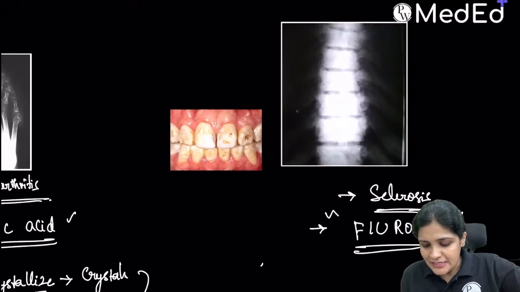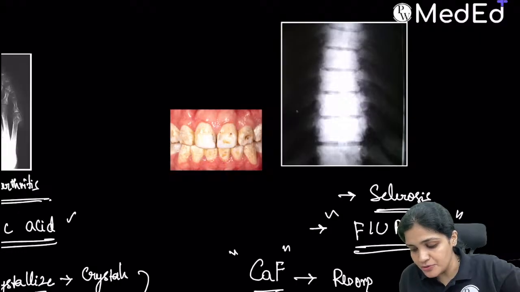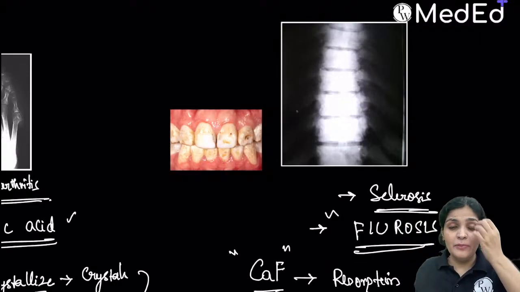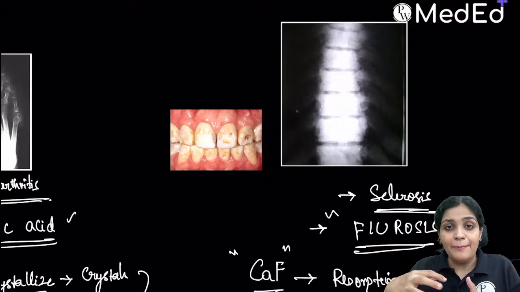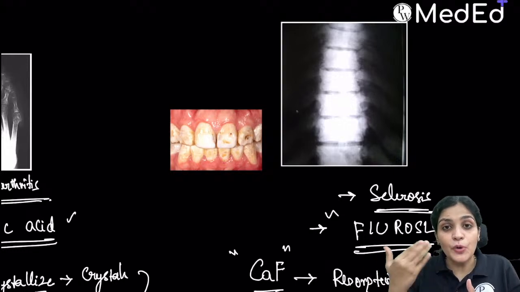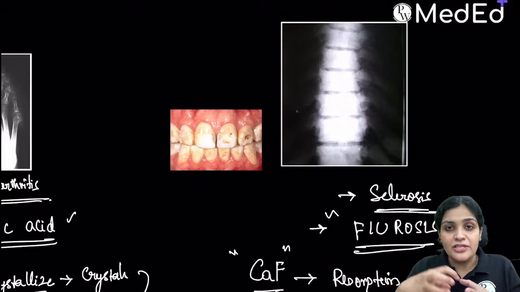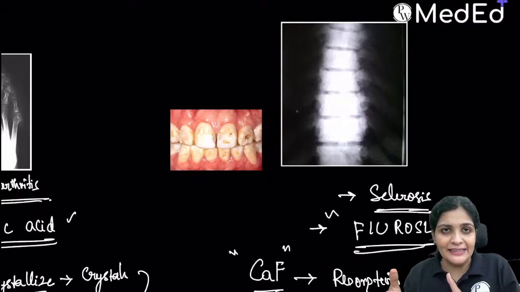Now what happens is there is a formation of calcium fluoride crystals, and these are very much resistant to resorption. Resorption means the bone is in a dynamic state, right? So there will be formation of the bone and resorption of the bone. Here, because of the accumulation of the calcium fluoride, because of excessive fluoride content in the blood, this is not resorbed. That means they appear dense and sclerotic on the X-ray.